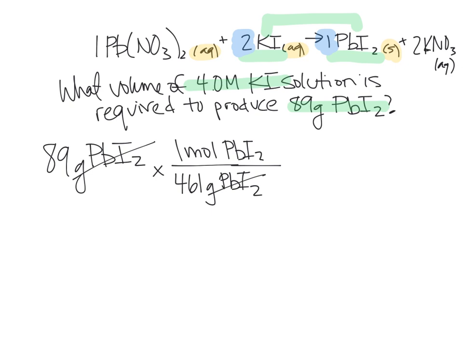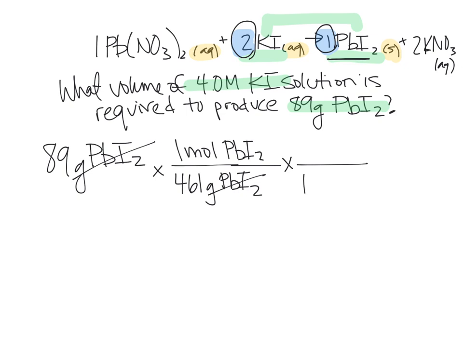Now because we're in moles of lead iodide, I can use the coefficient in the balanced equation to relate it to the potassium iodide in the question. I do that by using those coefficients. This is a 1-to-2 ratio.